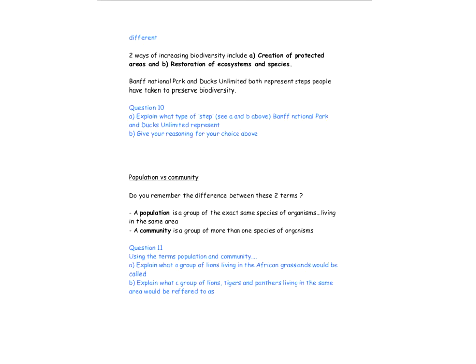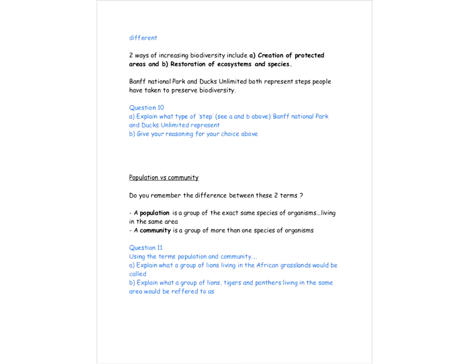Okay, Maddie, I'm asking, between Banff National Park and Ducks Unlimited, which of those two represents the creation of a protected area? Okay, Banff National Park. Good, that's the right answer.